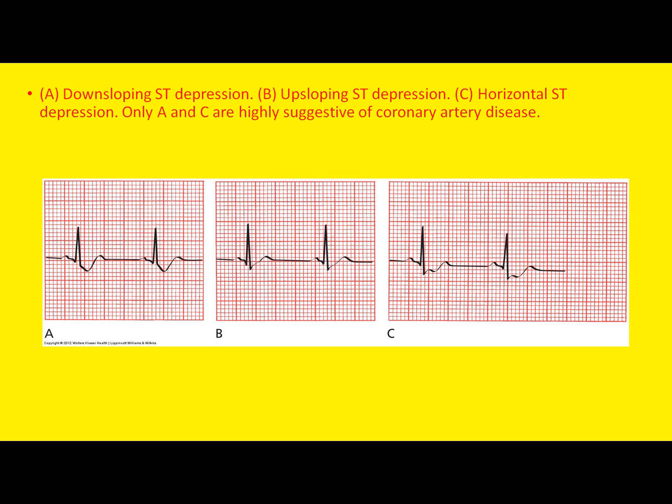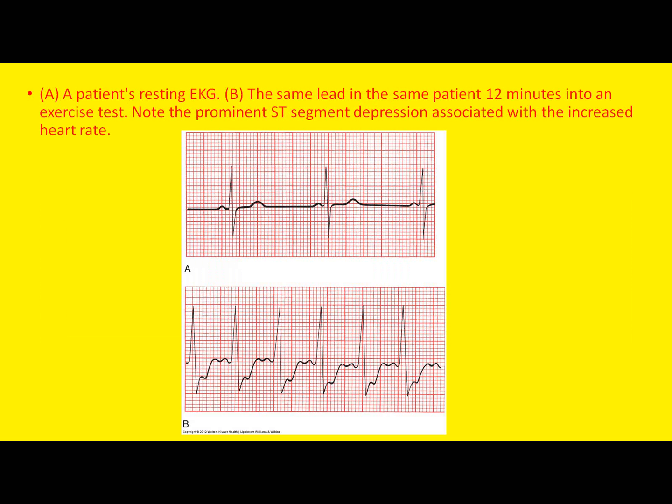When you exercise, if the patient has a heart problem, not enough blood supply, then you get ST depression during the exercise. And when you stop, the EKG comes back to normal when they rest. So same thing here, see normal ECG during exercise.